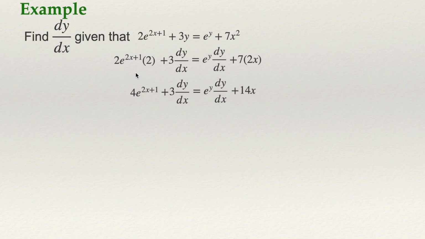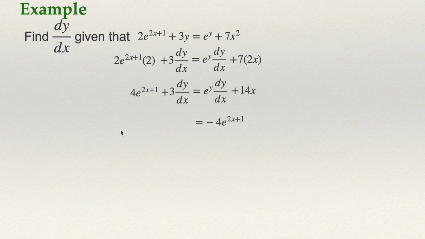The first step is just getting the derivative of both sides. And the second step will be to solve the equation for the derivative you are looking for. And you are looking for the derivative of y with respect to x. So all the terms that have this derivative go on one side of the equation. We can move 4e to the power 2x plus 1 to the other side, negative.